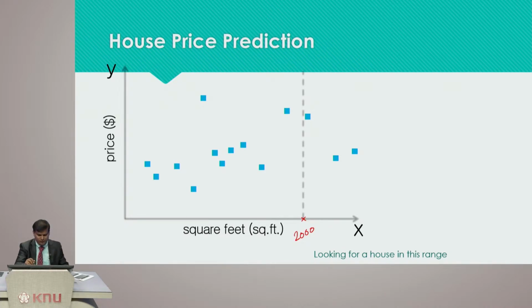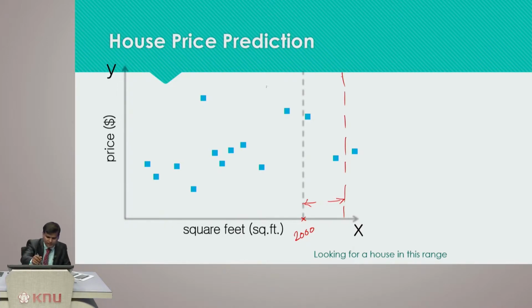Maybe then you can look for another range, and in this range we are trying to see what price we are going to have. But again, we have only 2 houses displayed in our data, and from these 2 houses it's very hard for us to predict the actual price.